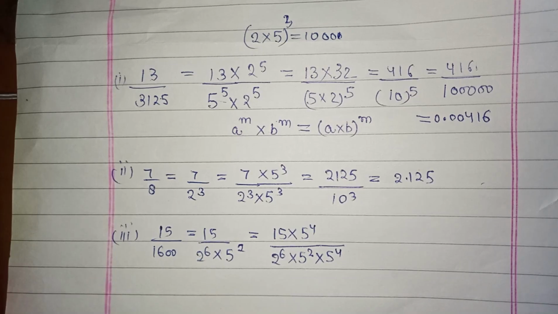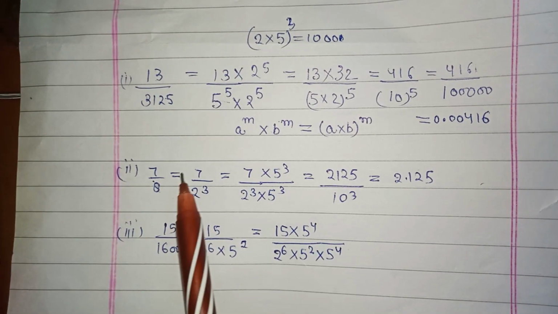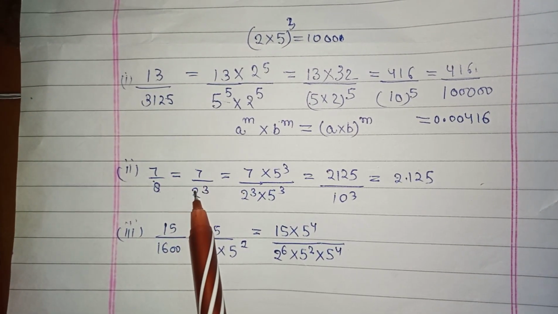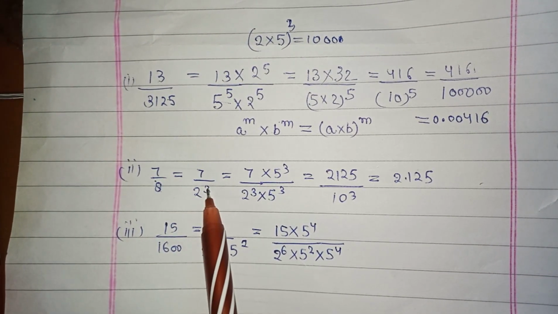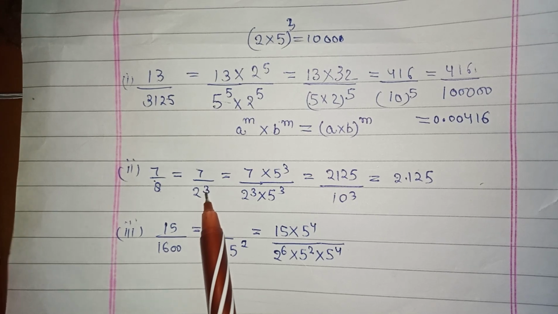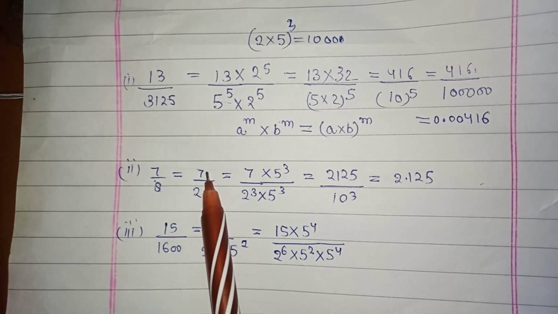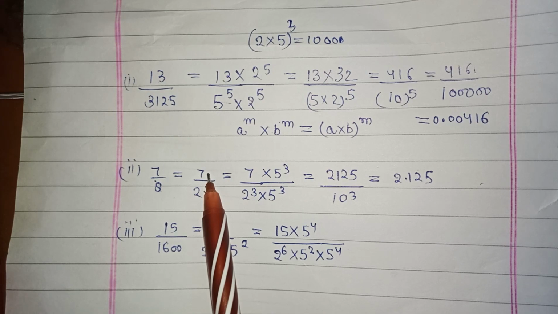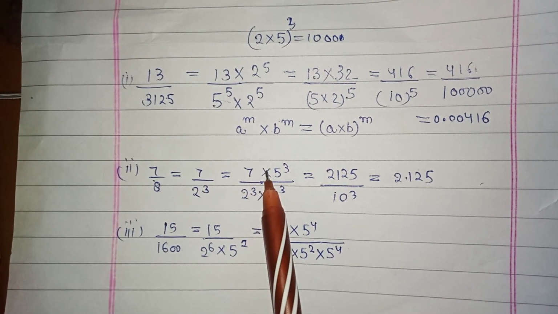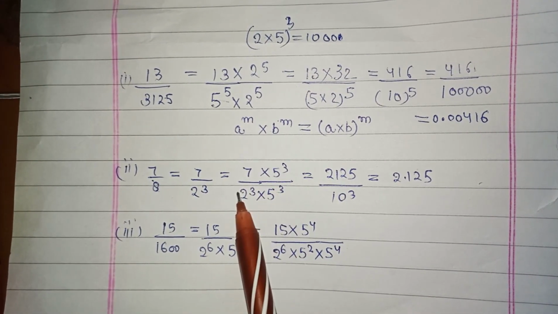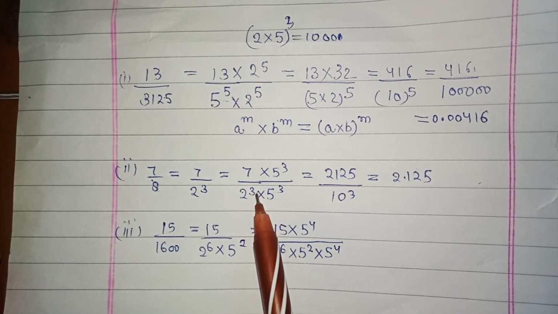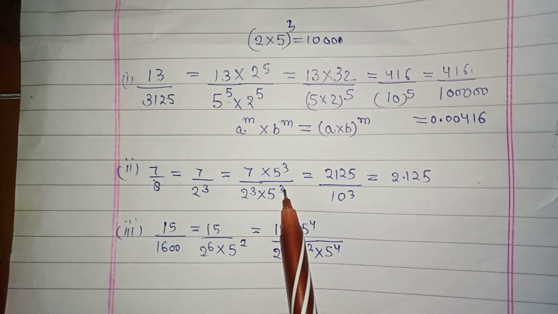In the second part, I have 7 upon 8, which can be expressed as 7 upon 2 to the power 3. Now I can multiply by 5 to the power 3 in the denominator and in the numerator as well. Now I get 7 into 5 raised to the power 3 upon 2 to the power 3 into 5 to the power 3.